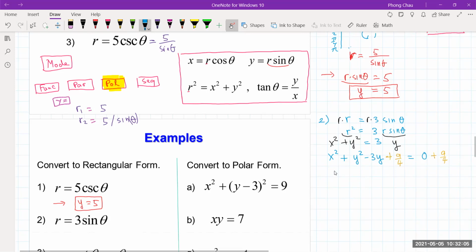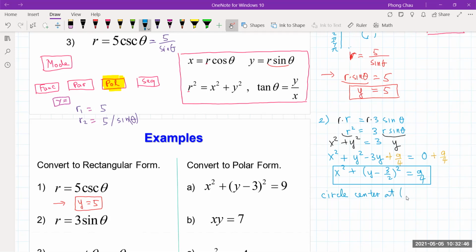That turns into a perfect square trinomial. That is x squared plus the quantity y minus 3/2 squared equals 9/4. Now from here, are you able to identify what the graph of this equation is? This is a circle, isn't it? So that is a circle. Where's the center?